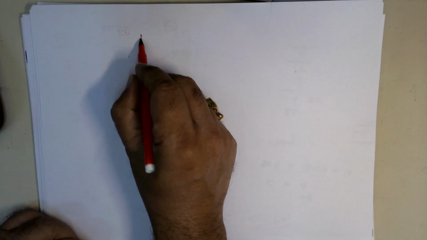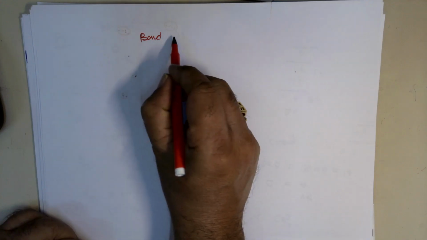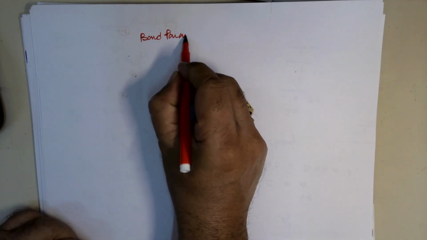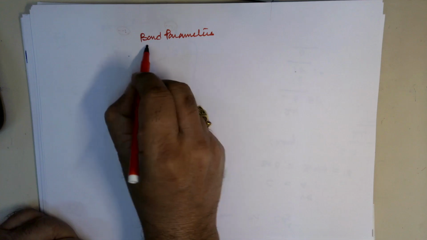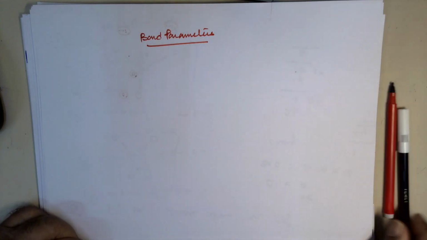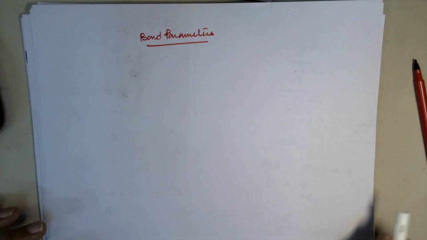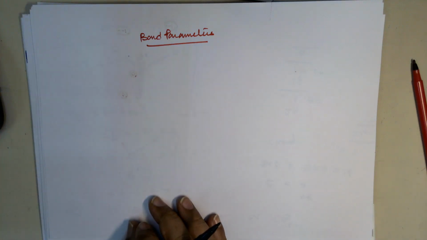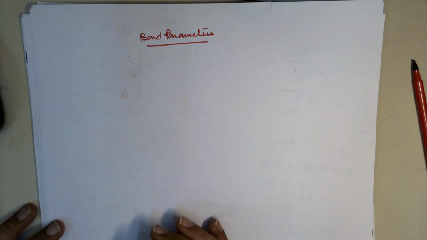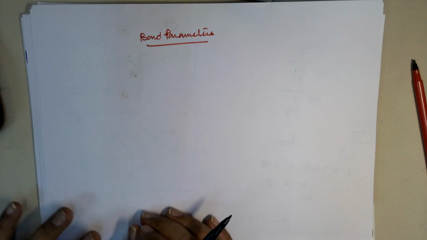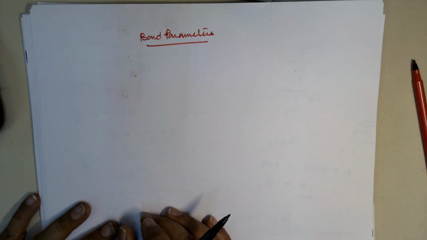Bond parameters. We have various characteristic features of a bond, and they are called bond parameters.